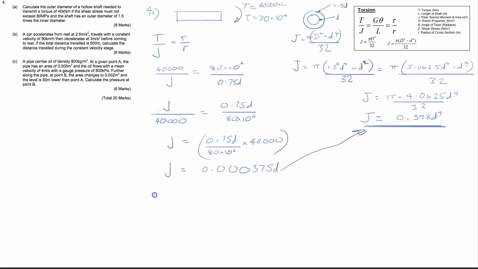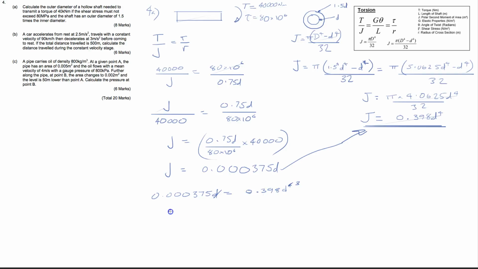We're now going to plug this into this. So we're going to say 0.00375 d equal to 0.398 d to the 4. So I'm going to divide through by d. So that'll become d to the 3. I'm then going to divide through by 0.398.